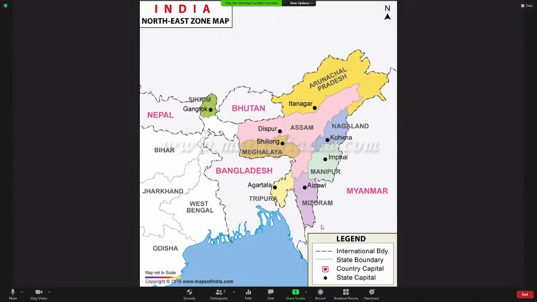And the people don't look Indian. They could be taken for Korean or even Tibetan, and obviously very closely akin to people of Myanmar, which is on the border. Because they don't identify with India, there's been quite a bit of insurgency in the recent past, and there's still support in some quarters for independence for that area.